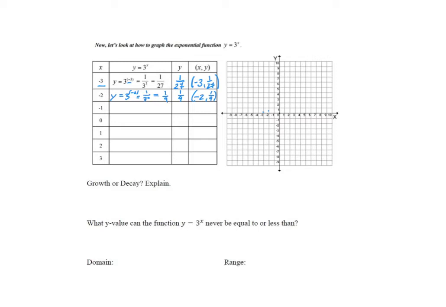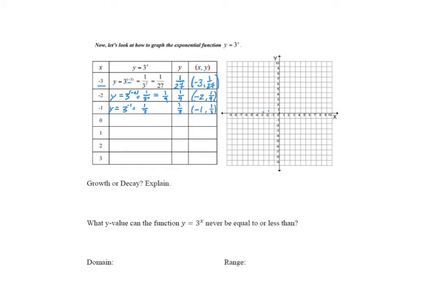All right, what happens when we use -1 as an input? Well, that gives me y is equal to 3 raised to the negative first. Making that exponent positive, I'm going to put the base in the denominator. So that gives me 1/3 as an output. So again, my ordered pair is going to be -1, 1/3.